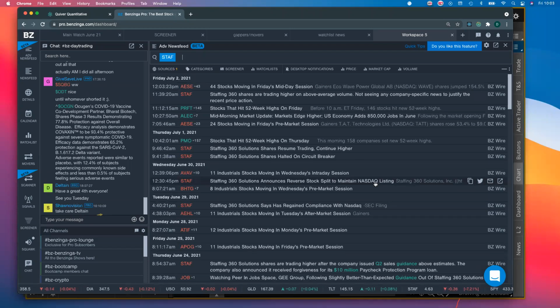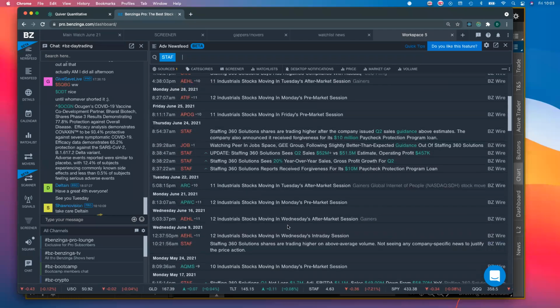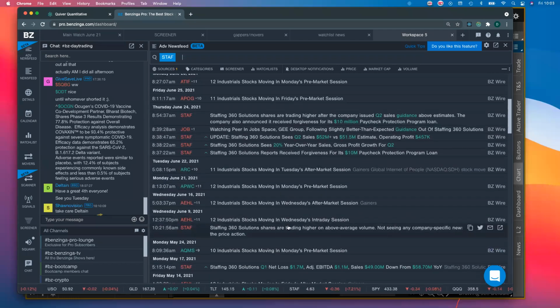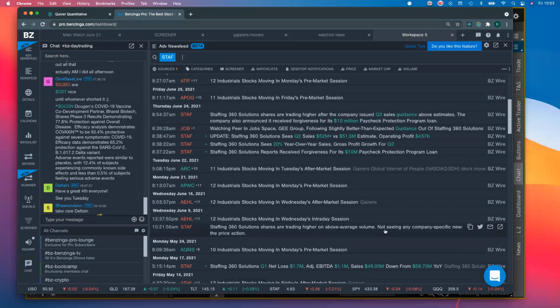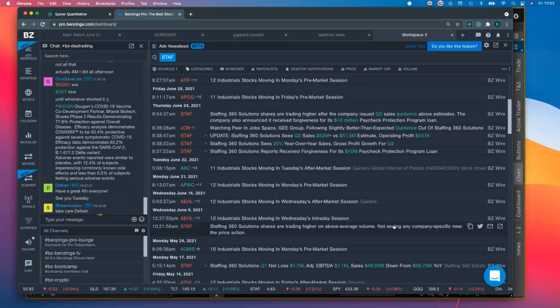They just on Wednesday announced a reverse stock split. And then I forgot what day the whole France thing came in, that they're going to be opening up locations there. Shares are trading higher, but they're not seeing any price specific news.